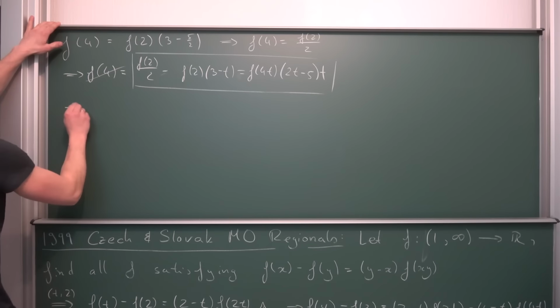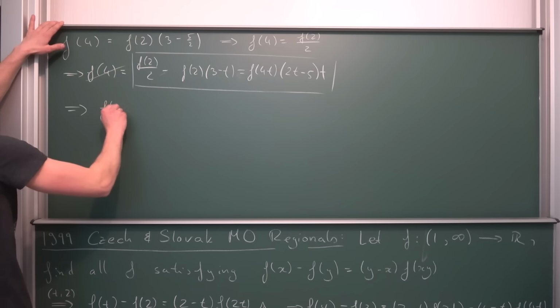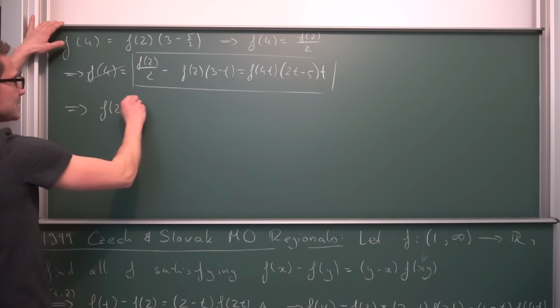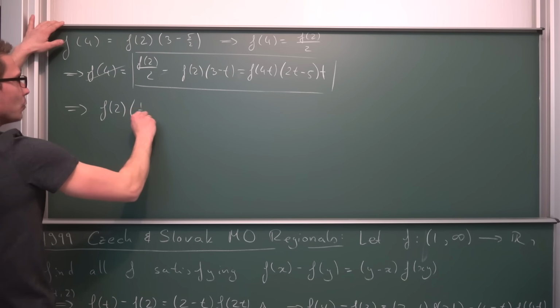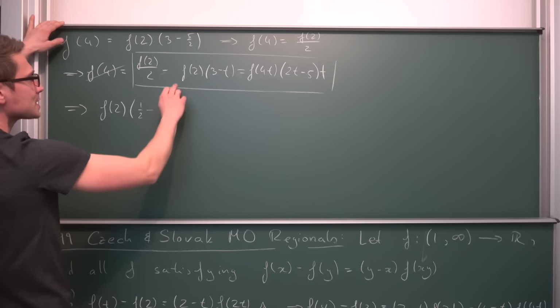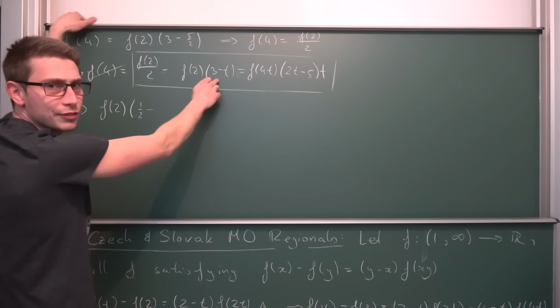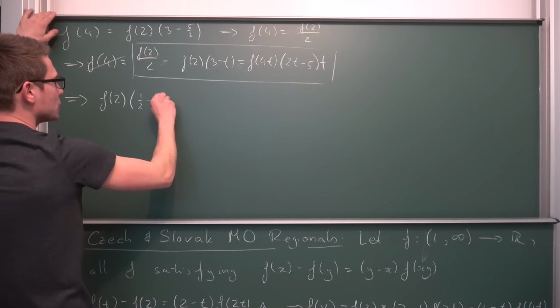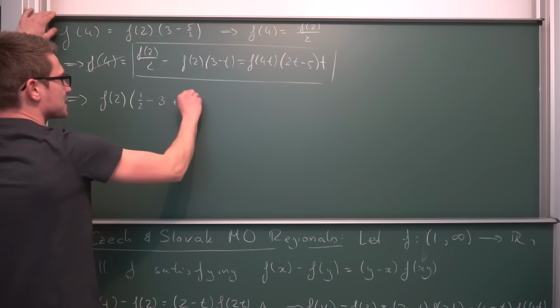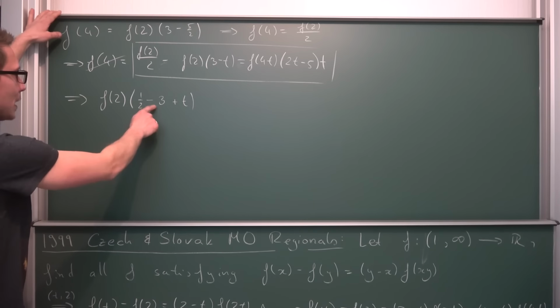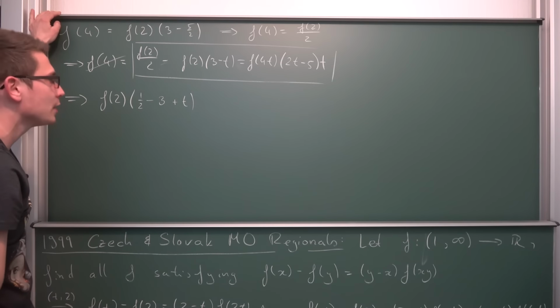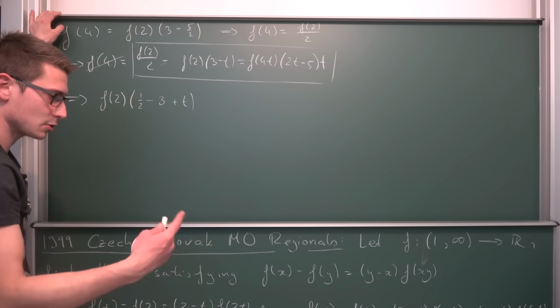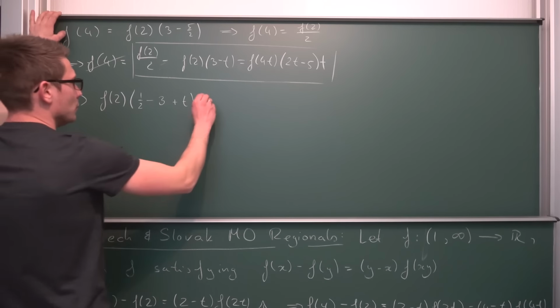If we factor it out, we get f of 2 times 1/2 minus, okay, with the negative sign here, negative 3 plus t. So if we have 1/2 minus 3, this is 1/2 minus 6 over 2, this is negative 5 over 2.